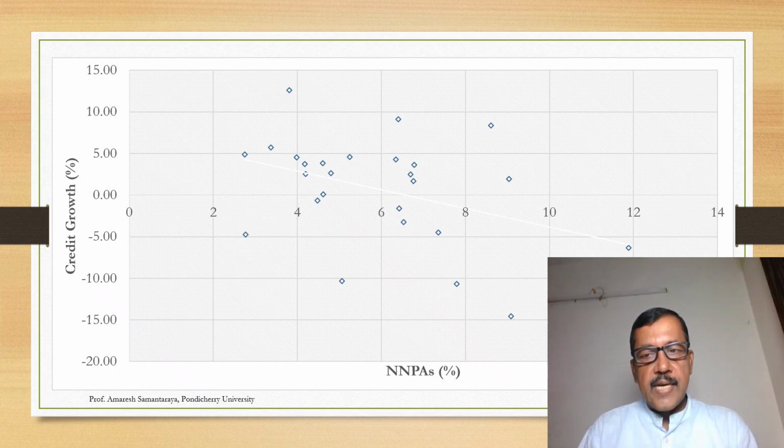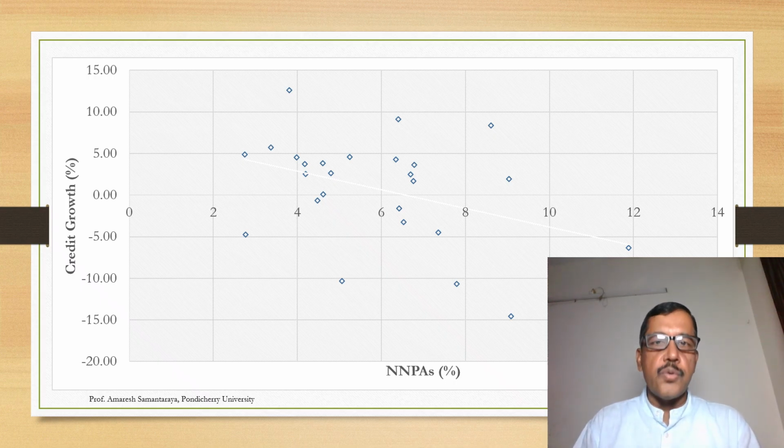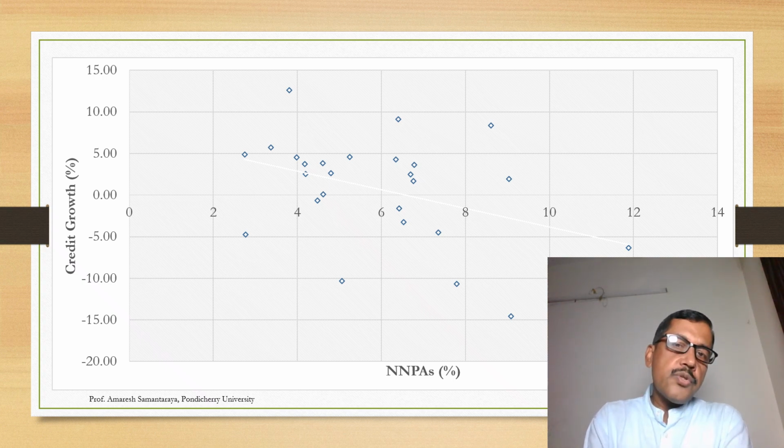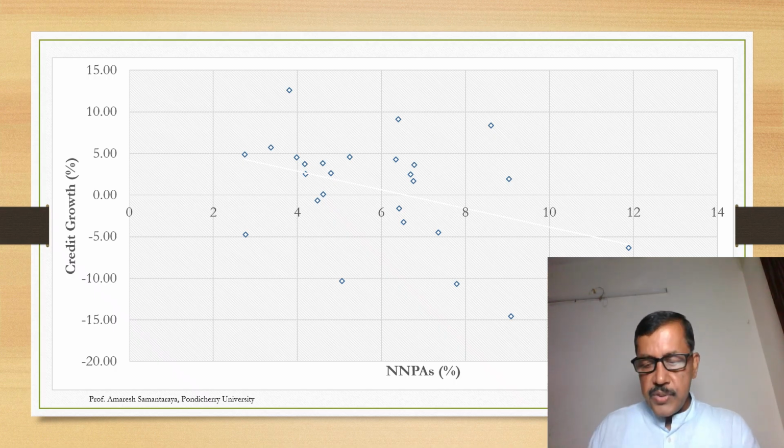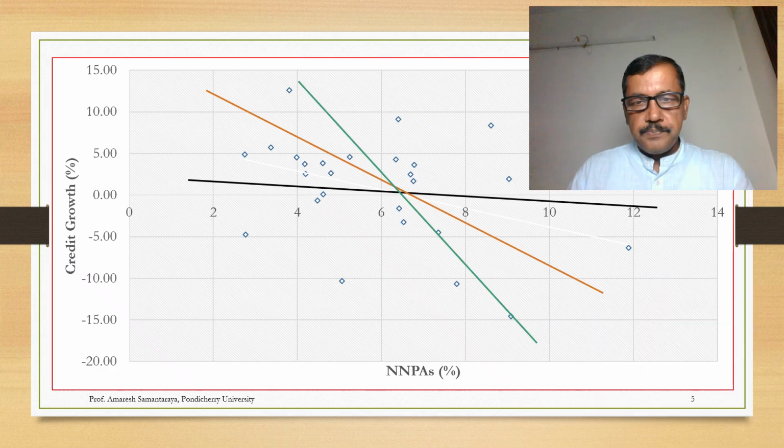So looking at this scatter plot, it is very difficult to decipher and convincingly conclude about the impact of NPAs on credit growth, right? So to have an objective analysis of the relationship, we have to use an econometric model.